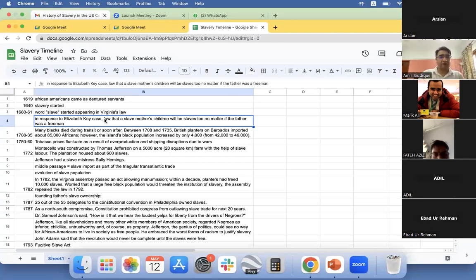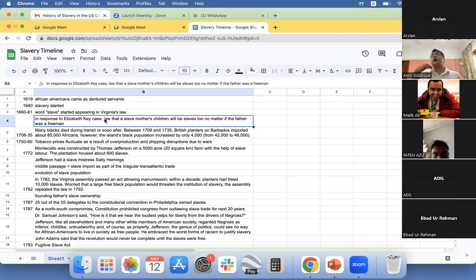So now fast forward, let's talk about the founding fathers. Who are the famous founding fathers of the United States? Of course, the people who were involved in writing the Declaration of Independence and the Constitution, or the first few presidents, are important.